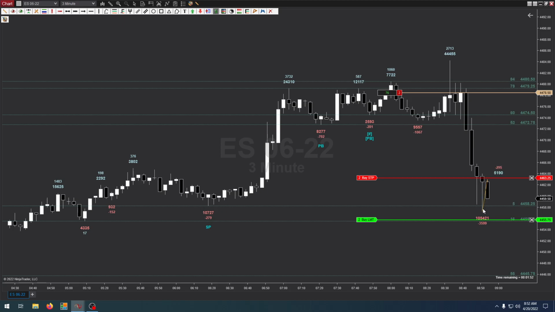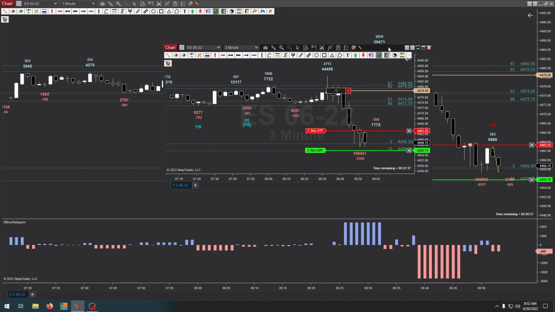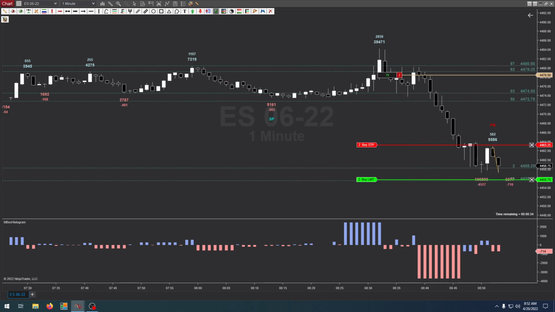This one here came down and retested it, closed back up here, and this one here went up. Or I'm sorry, this one closed back up here. Now this one here is going right back to this level here. That's the 3 minute. So this level's holding, which is my original target.